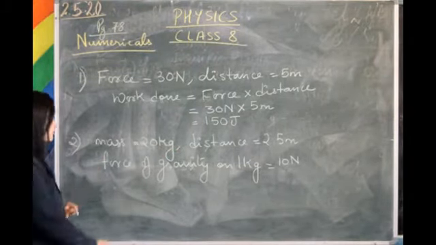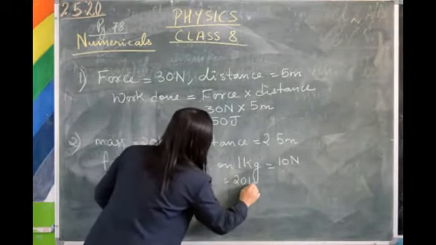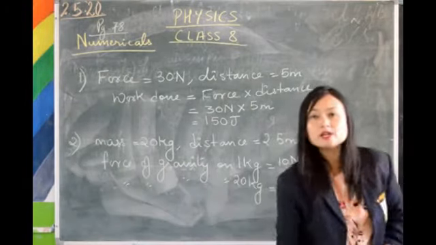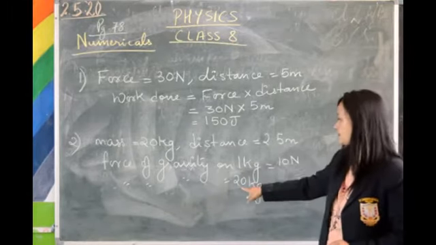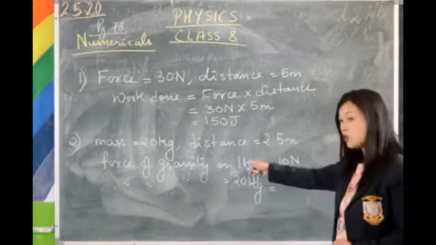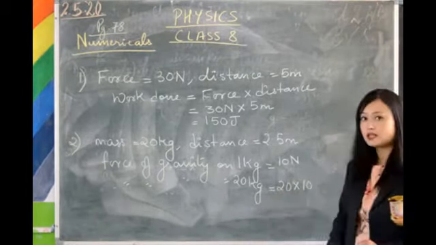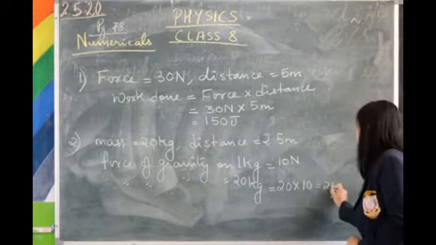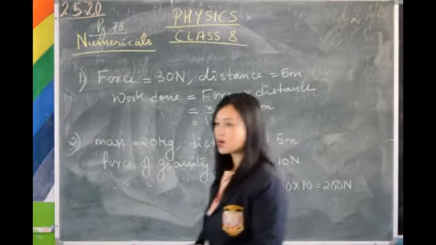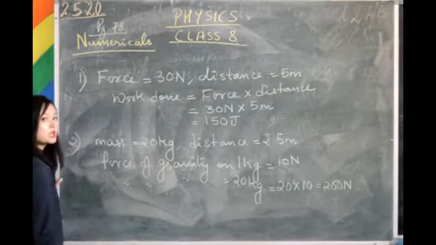Okay, force of gravity on 20 kg. Will it be more or less? Obviously it will be more, because 1 kg is much lesser compared to 20 kg. So 20 kg being more than 1 kg, you have to multiply 20 into 10, which is equivalent to 200 Newton. So we got the force. What is your force now? Force is your 200 Newton.